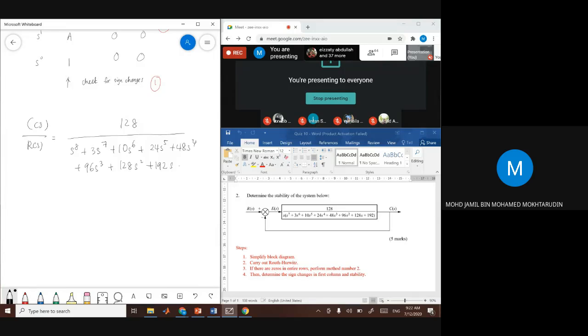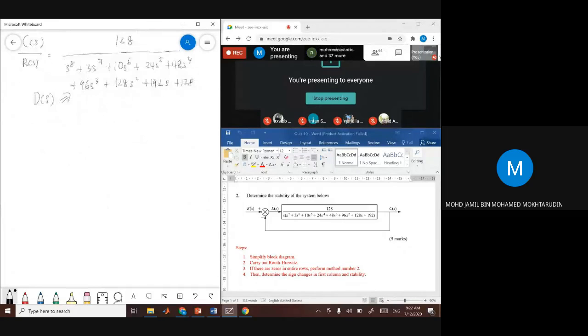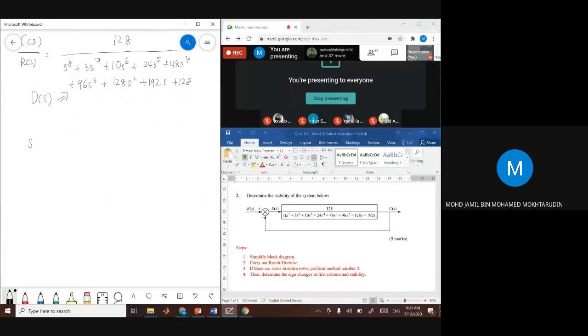Okay, and then we take the denominator. And then we do the Routh-Hurwitz table. So we start with S power of 8, followed by S power of 7, and then arrange the coefficient alternatingly.